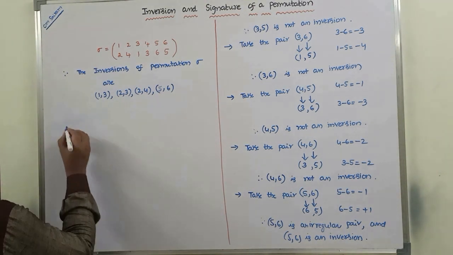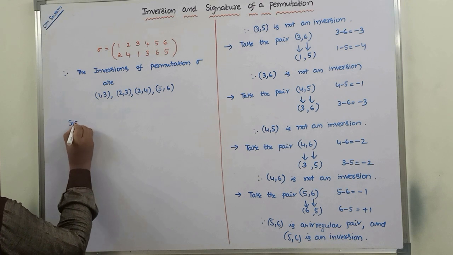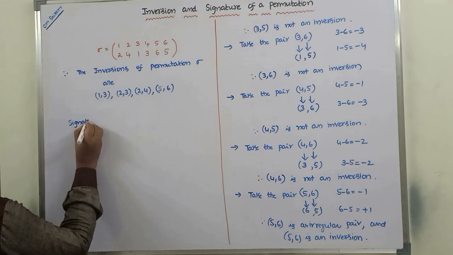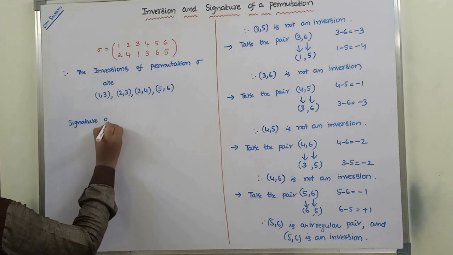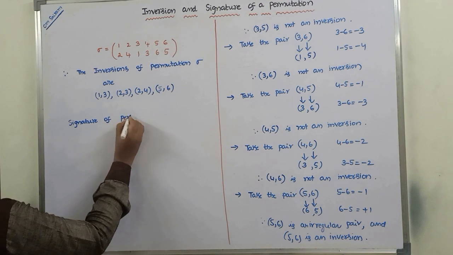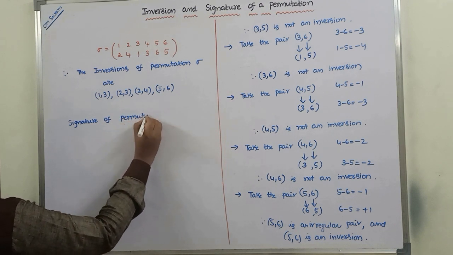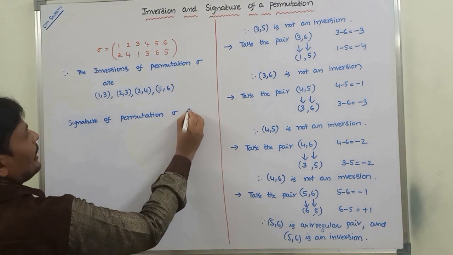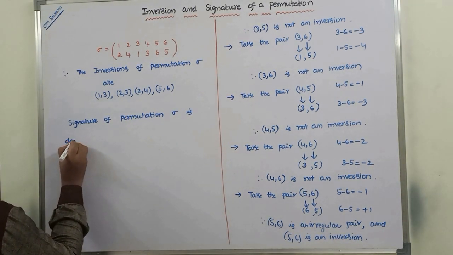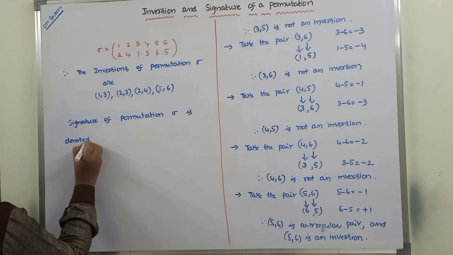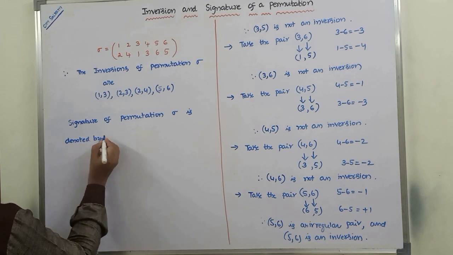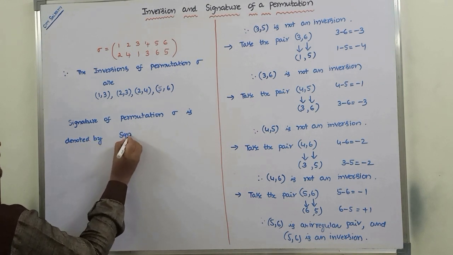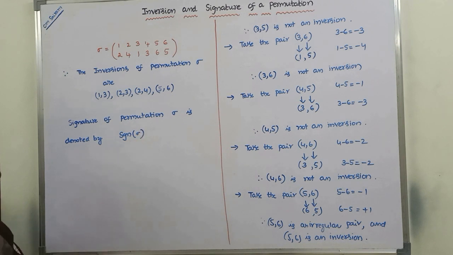pairs. Next one, signature of permutation sigma. Signature of permutation sigma is denoted by SGN of sigma. Okay.